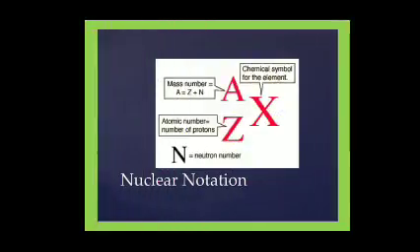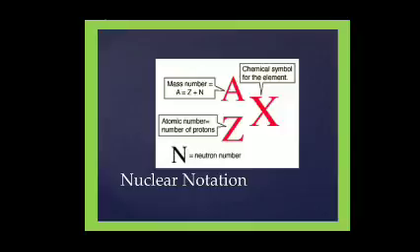Here is the calculation of neutrons. X is the chemical symbol of the element, like hydrogen, helium, lithium, sodium, chlorine, bromine, any one. Z indicates atomic number, that means the number of protons.